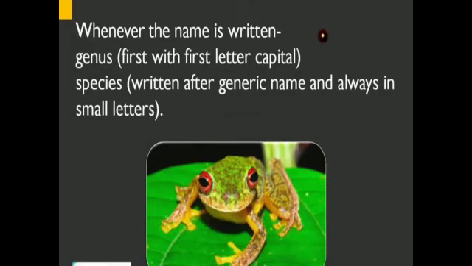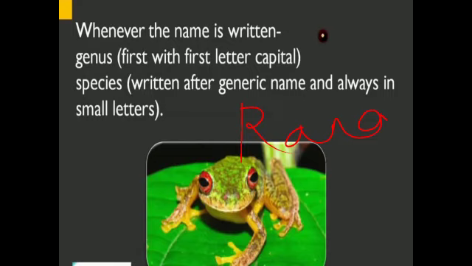Whenever the name is written, the genus, that is the first name, is always written with a capital first letter. Suppose we want to write Rana, so R is written in capital.